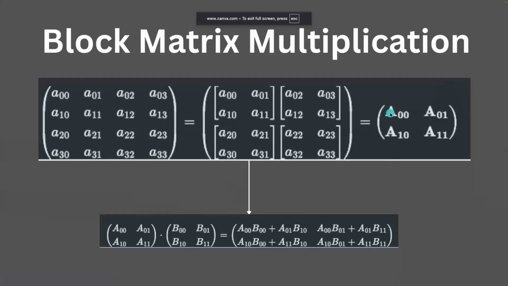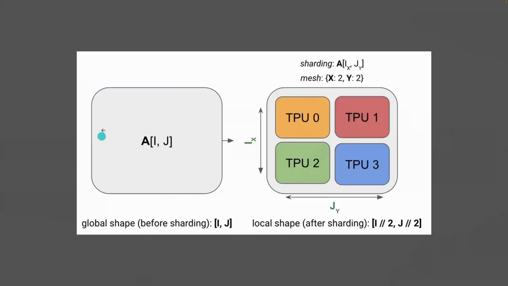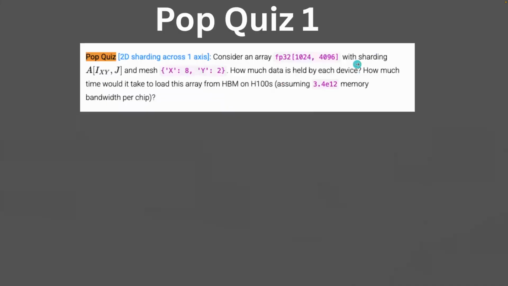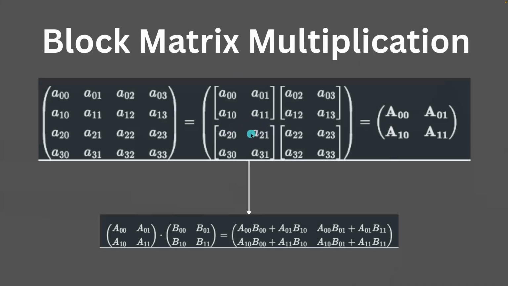So the chapter is on doing matrix multiplication. One of the concepts in matrix multiplication is block matrix multiplication. Here you can see you had a matrix and you broke it down into smaller matrices, and we saw how these are configured. So now you can take a matrix and break it down across the TPUs, and you get these sub matrices, and you can have a subscript for all these sub matrices.